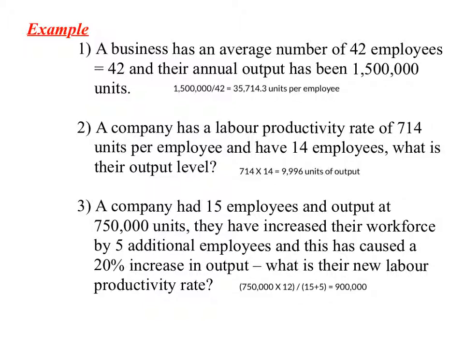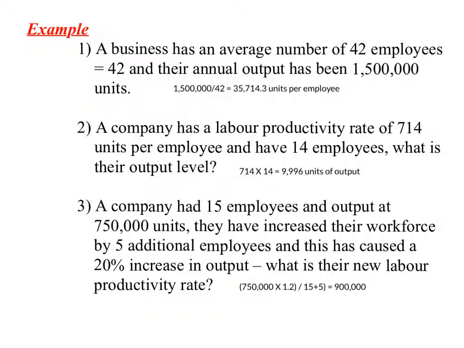So initially what I've done is I've done my increase, sorry, that's meant to say 1.2. So I've done 750,000 times 1.2 because that's a 20% increase, and that would get me 900,000.